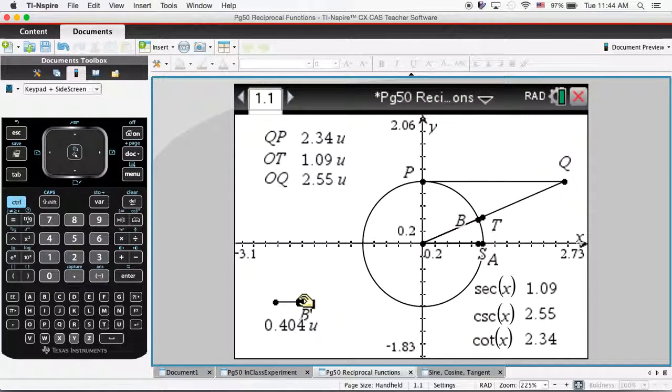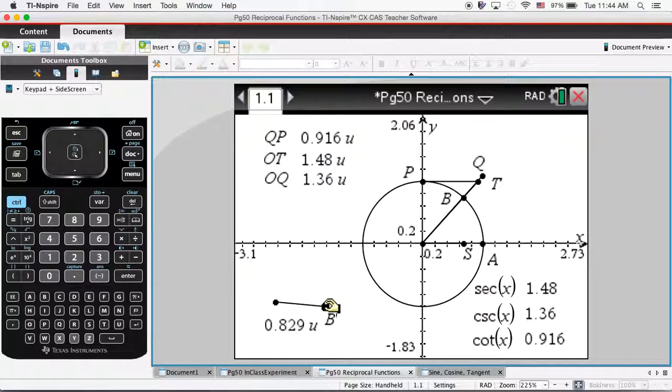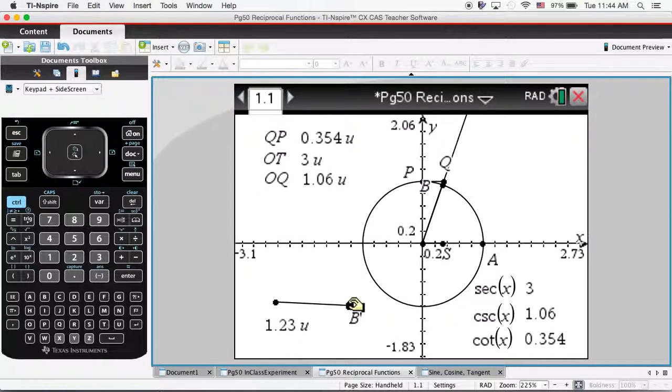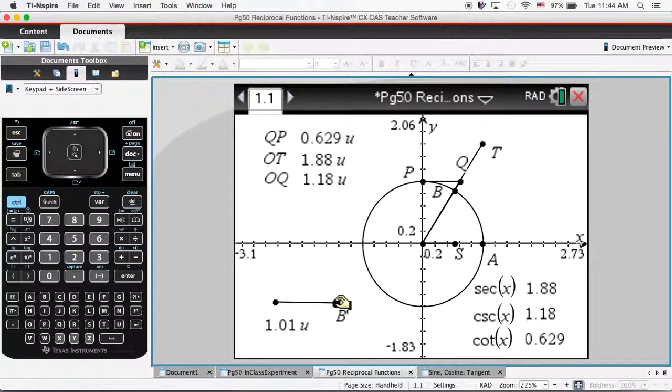See that? So now secant is still the length of OT, cosecant is still the length of OQ, and cotangent, no matter where I move, is still the same as the length of QP.